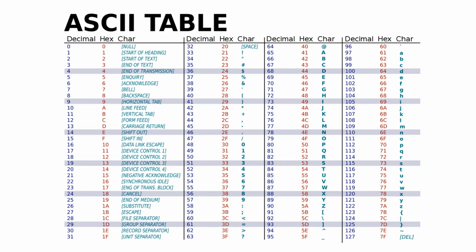So on this system, say if you wanted to store something like hello in a Word document, you type in HELLO, and on the computer it would convert those characters using this lookup table into binary. So say if I typed in H, it would find that H has a hex value of 48 and a decimal value of 72, and then it would use that hex value to convert it into binary, so that when you save that document with the character H in storage, it will store it in a binary form equivalent to the hex value of 48.